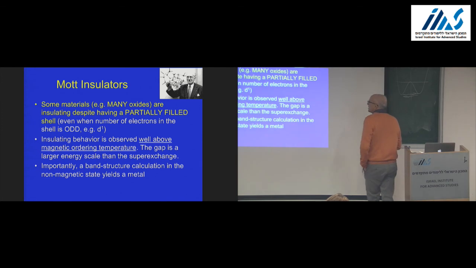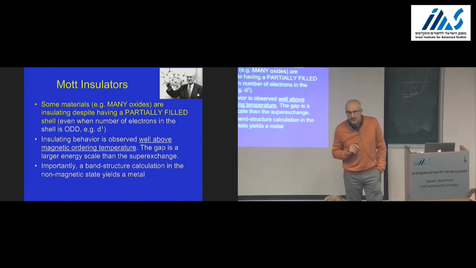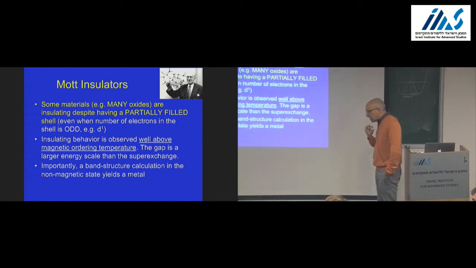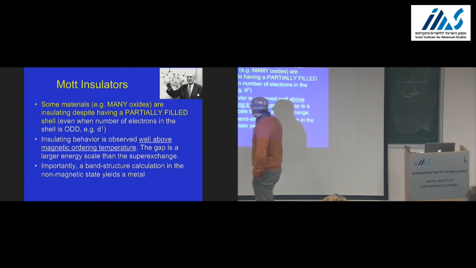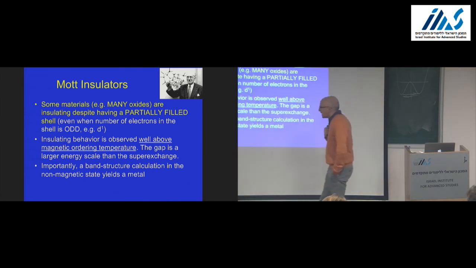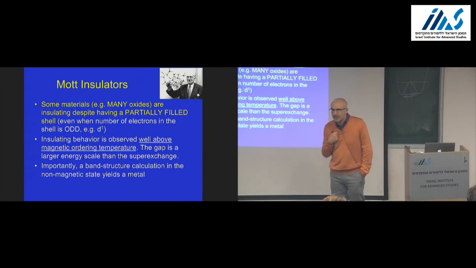We've seen in the introductory part of yesterday's lectures that many materials actually have these metal-insulator transitions that are induced by interactions. And in particular, some of them have an odd number of electrons per unit cell, so it makes understanding the insulating state really difficult.